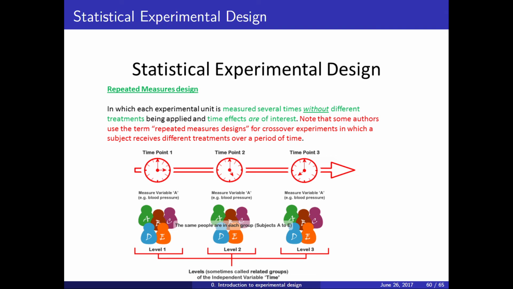And you have also these repeated measures designs. These are experiments in which you apply the treatment once, but you measure multiple times. For instance, you apply the treatment and then you measure at 0 time, at 24 hours after the treatment, at 48 hours after the treatment.